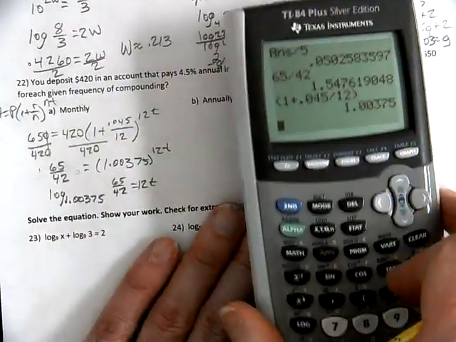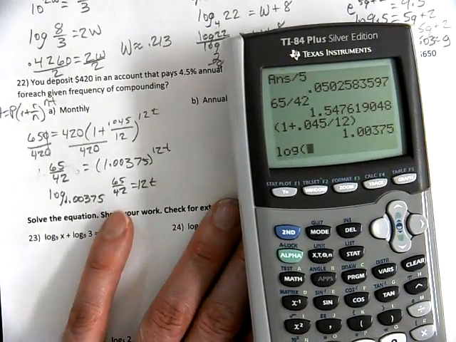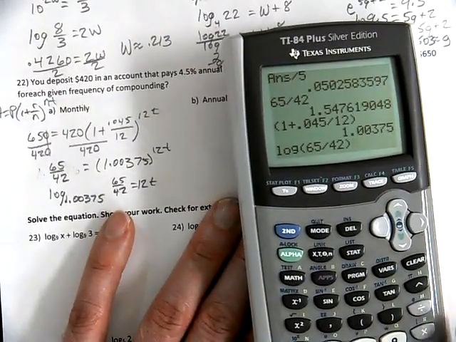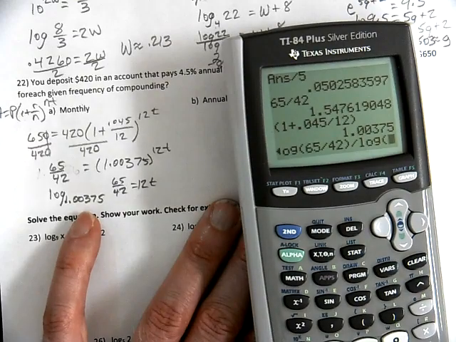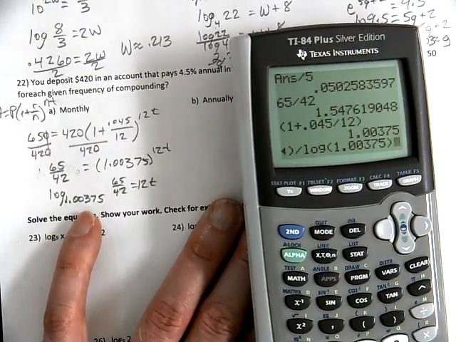That means we're going to do the change of base formula. So log of our fraction divided by log of our base, just like we did earlier with easier numbers.